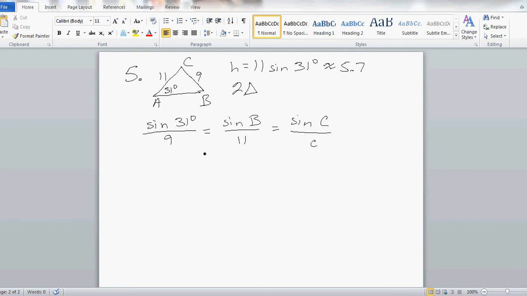Let's find angle B first. Cross products. 9 sine of B equals 11 sine of 31 degrees. Divide both sides by 9 so that the sine of B equals 11 sine of 31 degrees over 9. Take the arc sine of both sides.